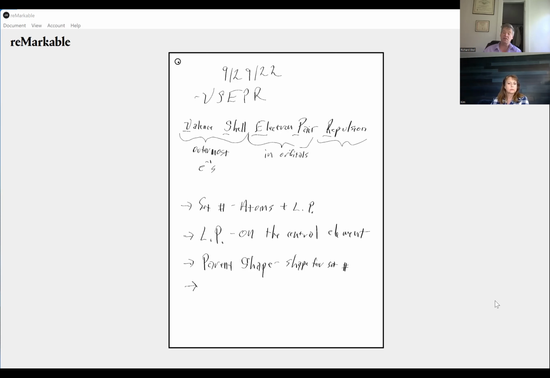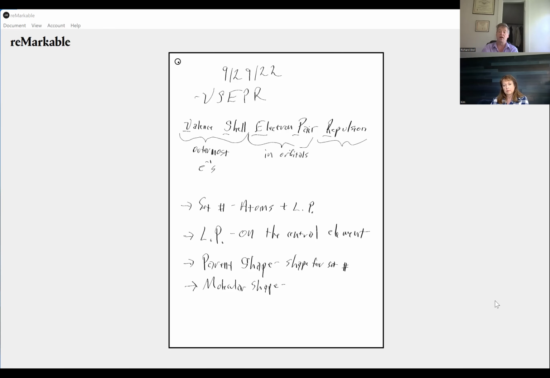And finally, we're going to talk about the molecular shape. Remember, lone pair electrons are sometimes called non-bonding electrons. They don't really participate in the chemistry. So when we talk about molecular shape, we don't care where the lone pair electrons are.